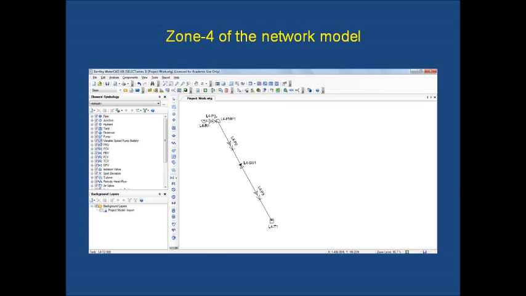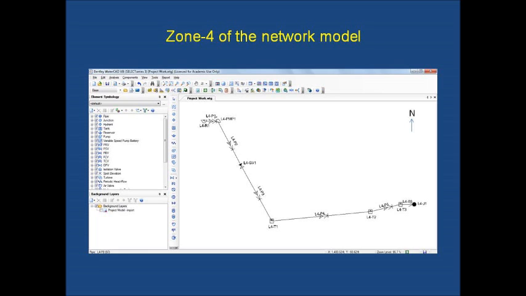In the zone 4, we have 3 tanks. So first, this pipe takes the water to the tank T1 and next to the tank T2. And from the tank T2, we take the water to the tank T3. And at last, the water from the 3 tanks will be consumed by the junction L4J1.